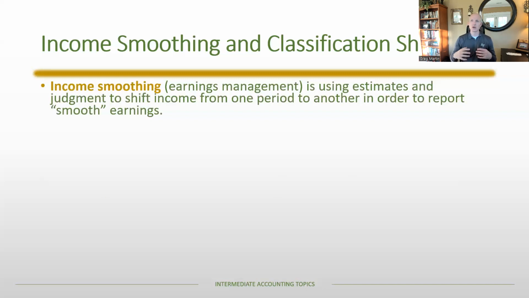While that judgment is supposed to be unbiased according to the conceptual framework, the reality is these judgments are not made in a bubble. Managers and accountants are aware of the overall financial health of the company. They're aware of shareholders, of what was reported last year, and of what they think is going to happen next year.